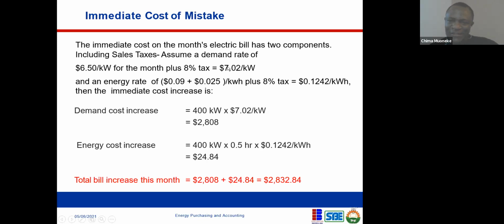This 7.02 is the 8% tax on the $5.5 per kilowatt for the month. Let's not get confused about this. Something is omitted here. This 6.5 should have been multiplied by 400, and then you take 8% of it.